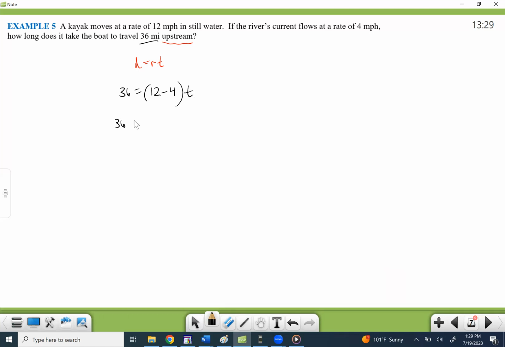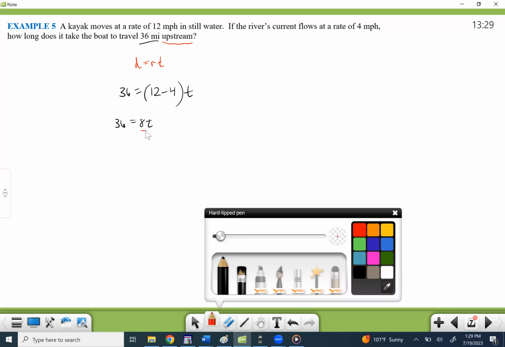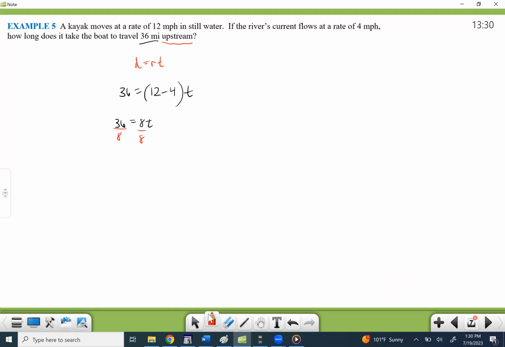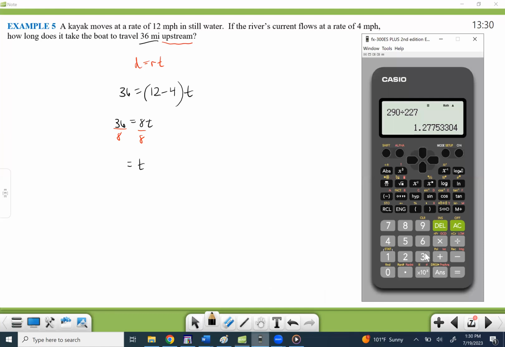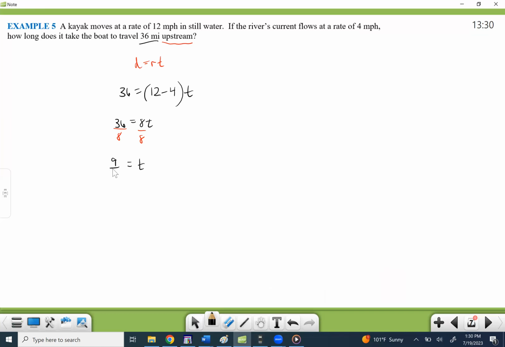So we get 36 equals 8t. Let's divide by 8 to just get a 1t. Now 36 divided by 8, if you put that in, 9 over 2 is totally not satisfying.